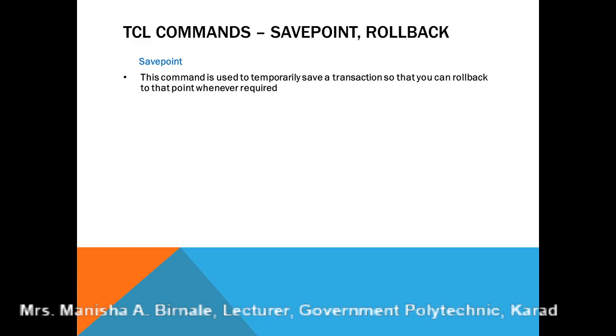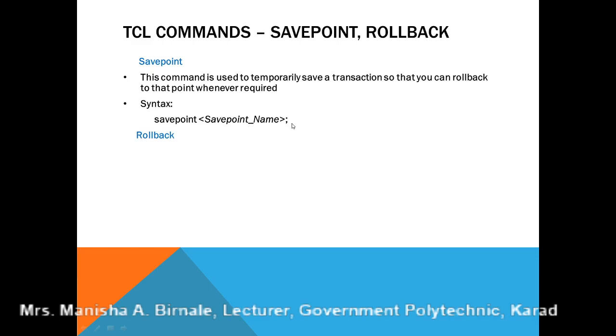When you are executing a number of DML commands, in between you can create such type of save point, and whenever you want to undo the changes made into the database, it is possible with the help of that save point. Syntax of save point is save point, and here save point name. You can give any valid name for that save point, and after that semicolon.